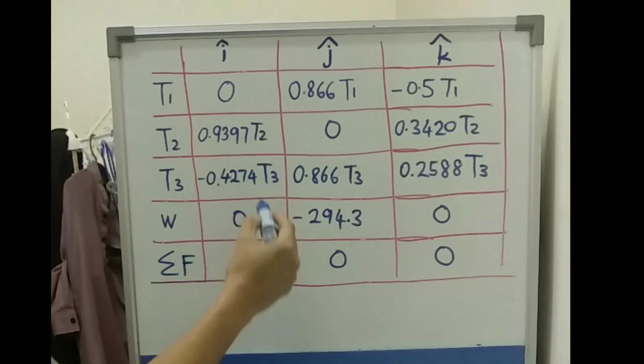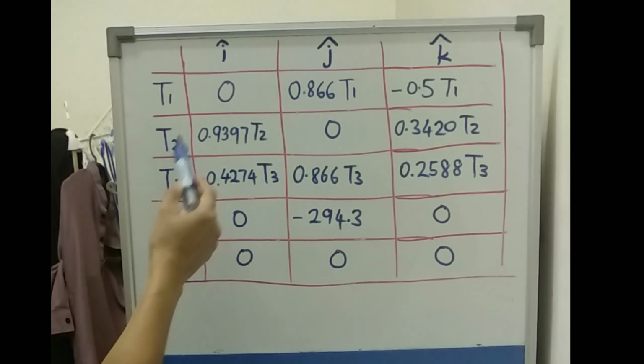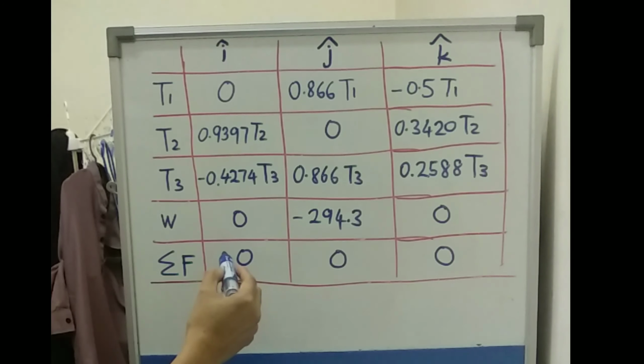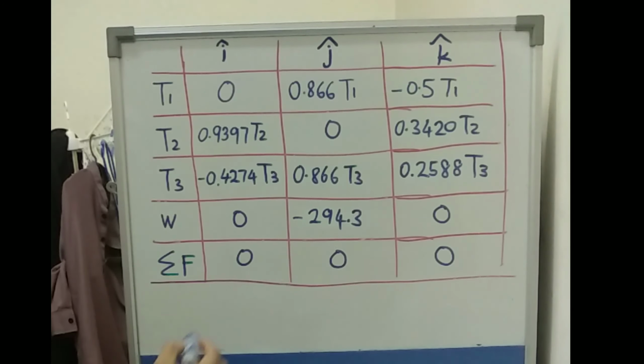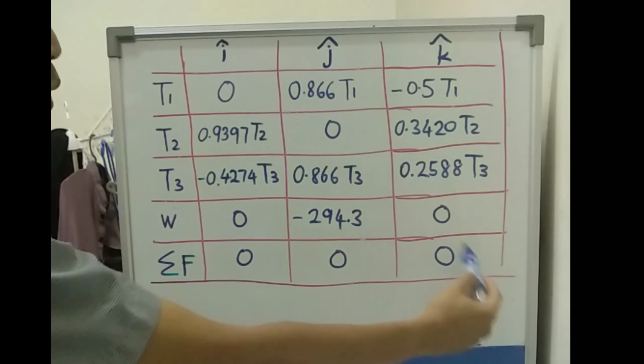Then what we can do is sum all the I components for T1, T2, T3 and W equal to 0, because this is the summation of Fx for the I component, the summation of the J component equal to 0, and the summation of the K component equal to 0.